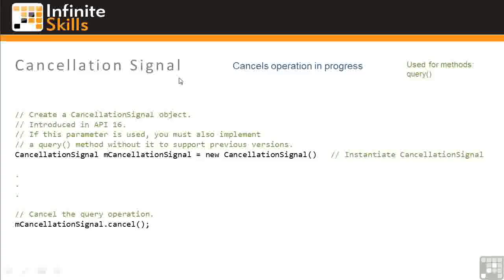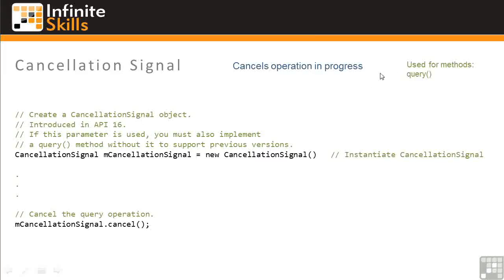The cancellation signal class and object provide the capability for a content interface function to stop the processing of a query method while it's still retrieving data. This is useful for stopping long-running queries if there are problems for some reason and there's no need to finish.